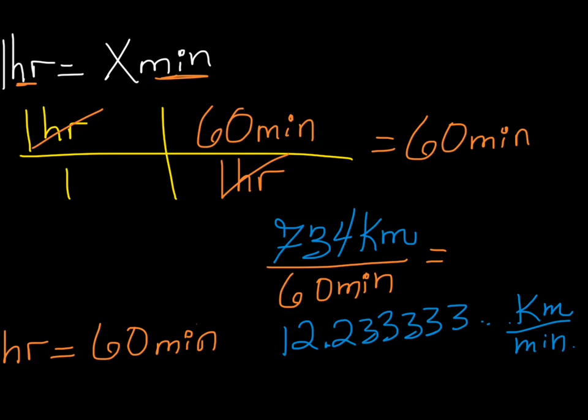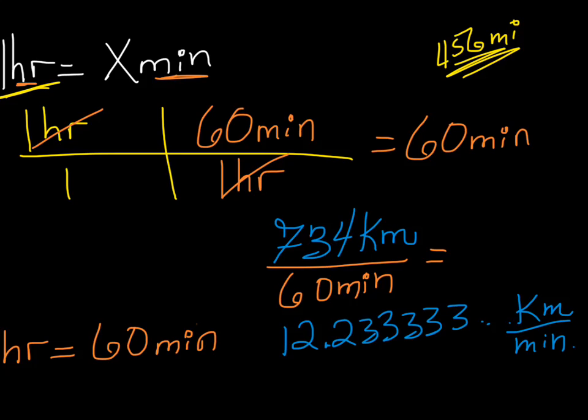Okay. In determining sig figs, the number we're going to look at was our given, which, if you remember, was 456 miles. We're not going to count the 1 in the 1 hour because we just wrote that number.